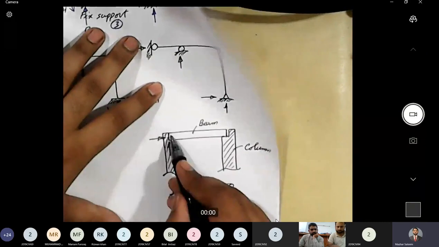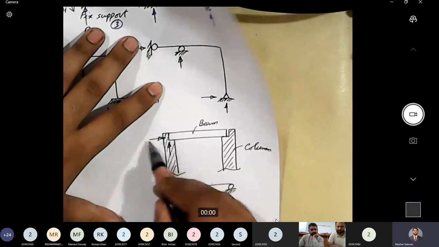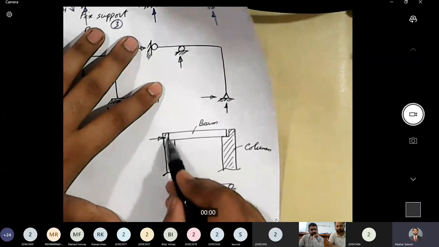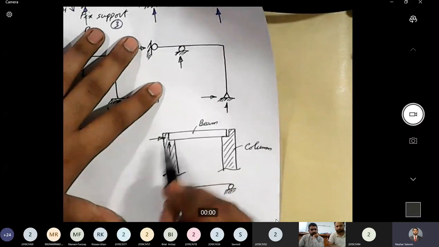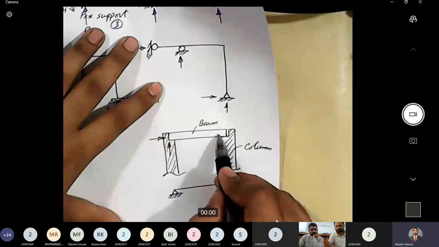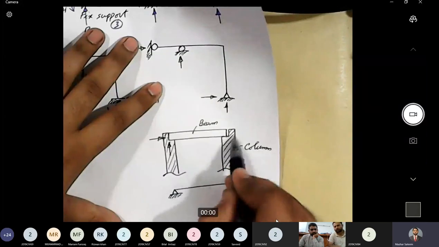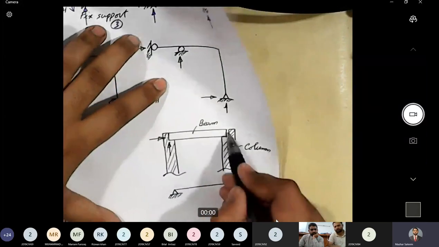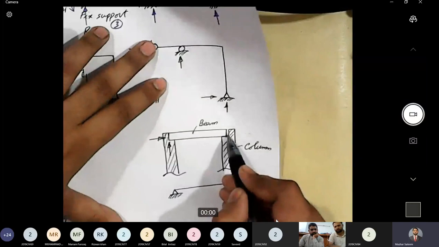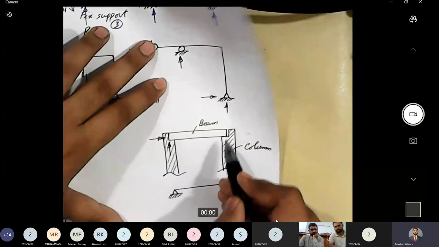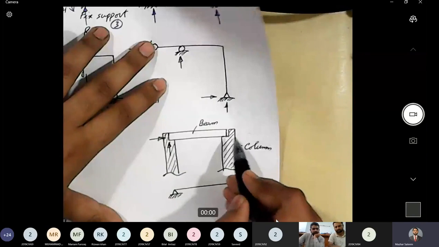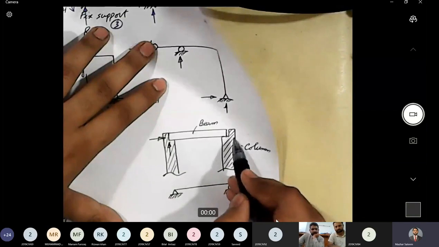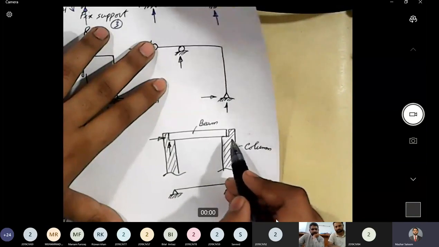If the beam tries to move in the horizontal direction, let's say in this direction, this supporting surface will provide a reaction against that. Whereas on this side, if the beam tries to move in the rightward direction, the end of the column is not in touch with the beam, so it will not generate any reaction. It will let the beam move.